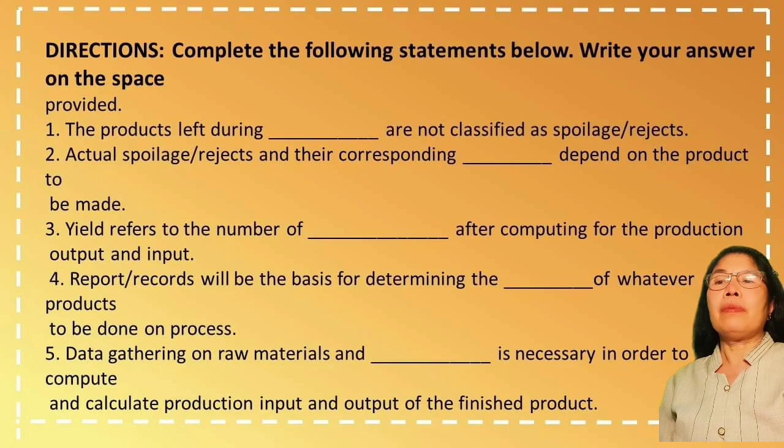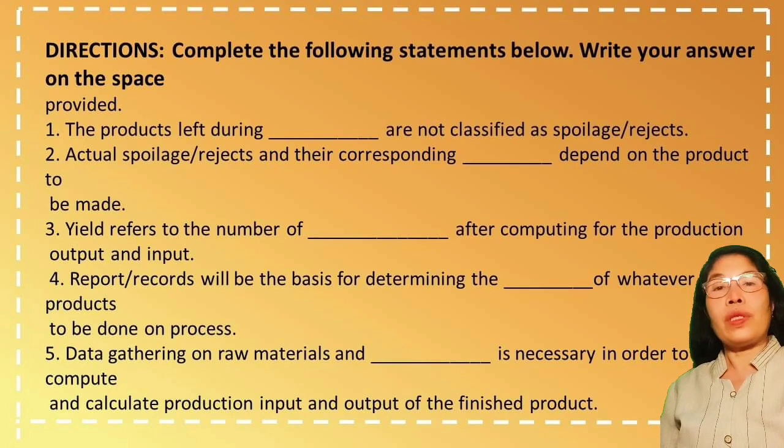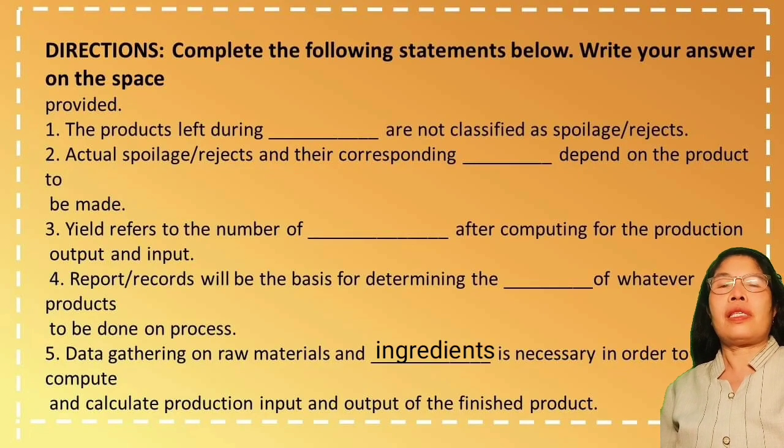And number 5, data gathering on raw materials and blank is necessary in order to compute and calculate production input and output of the finished products. So what's your answer? Very good. It is ingredients.